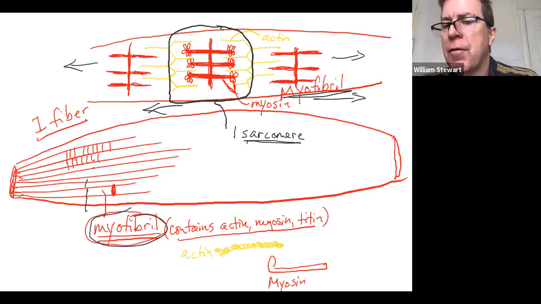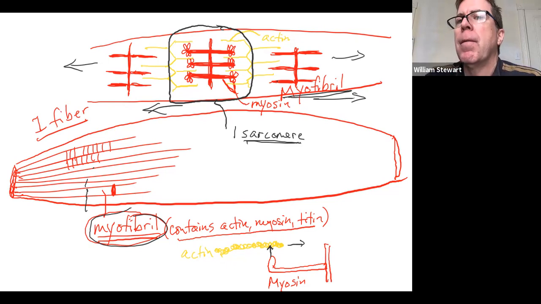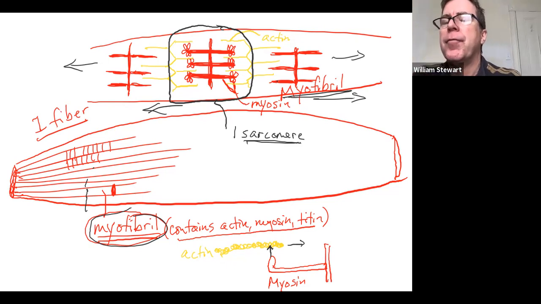The goal of muscle contraction, of getting a muscle to contract, is getting this myosin head to reach up, grab, attach to actin, bind to it, and then pull the actin molecule this direction toward its structural M line here. So I'm going all the way up to the top of this picture.